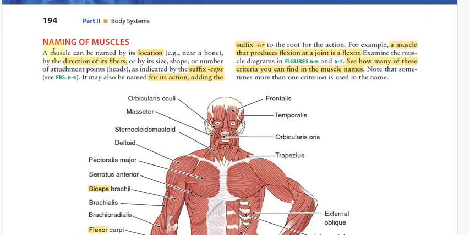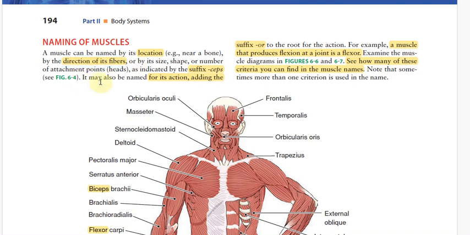As to the naming of muscles on page 194, a muscle can be named by its location, for example, near a bone, by the direction of its fibers, the pronunciation is fiber, or by its size, shape, or number of attachment points, for example, heads, as indicated by the suffix ceps.